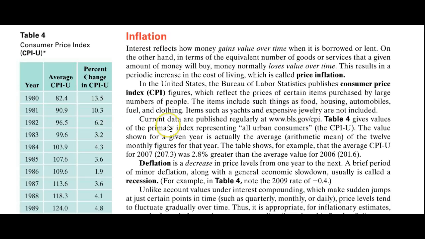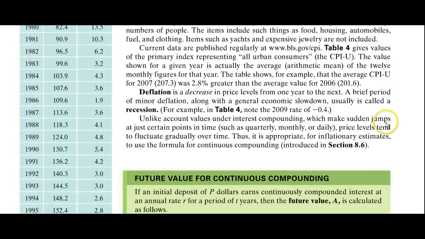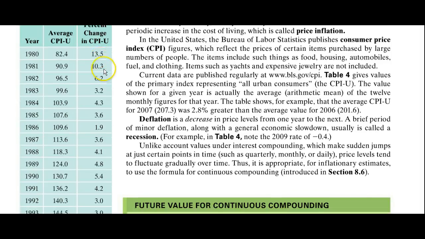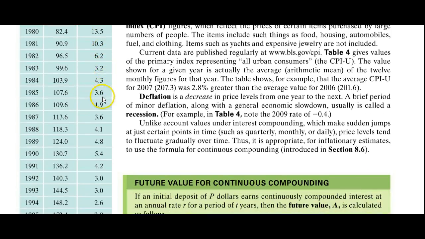So lately, as we scroll a little bit here, we see the consumer price index has gone from a high in 1980 of 13.5, and these are percentages, to some lows here in 1986.